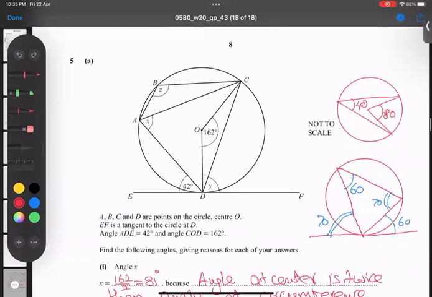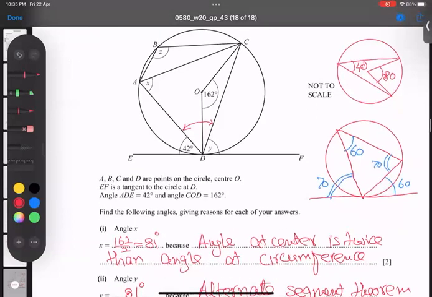So I can get the answer easily. So it means this angle is how much? So this angle I'm getting 180 degree minus 42 and minus y, which is 81. So let me calculate 180 minus 42 minus 81, and I'm getting 57. This is a 57.